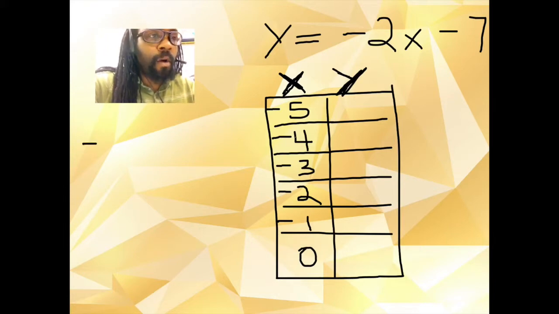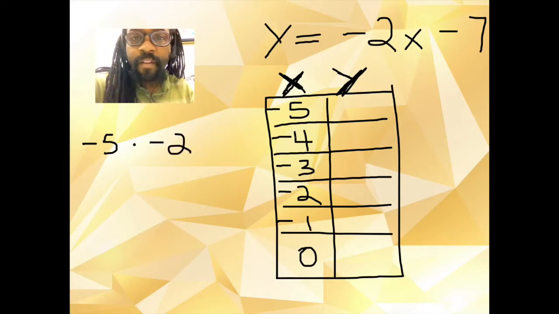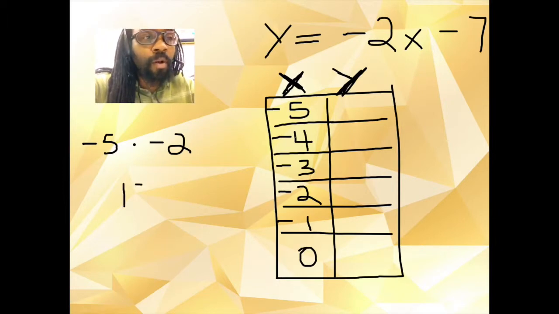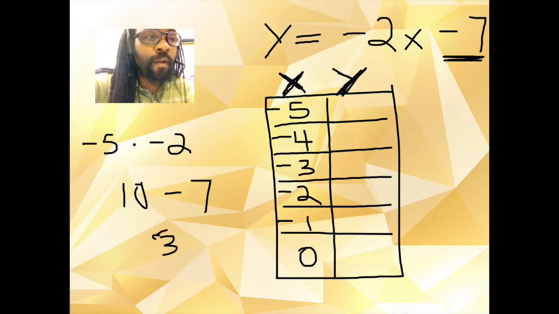This is a negative times a negative. When we multiply two negatives together, we get a positive answer. So what's 5 times 2? That is 10. We make sure we make it positive, and we take care of this over here, which is minus 7. So 10 minus 7 gives you a positive 3.